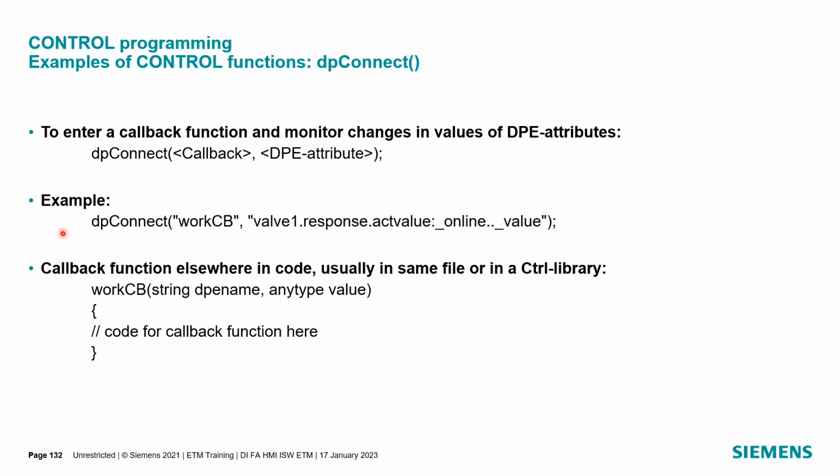A dpConnect is a reading function, and automatically, if we're using a dpConnect, the system knows to look to the online value by default. So we can also skip that here if we use this default way.